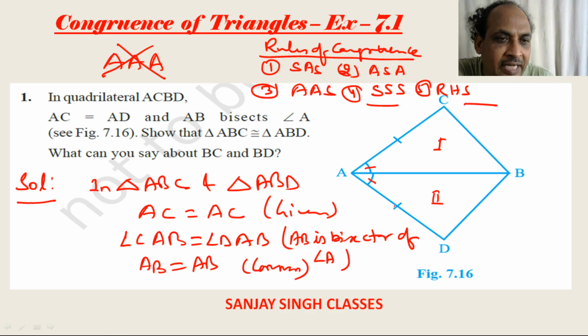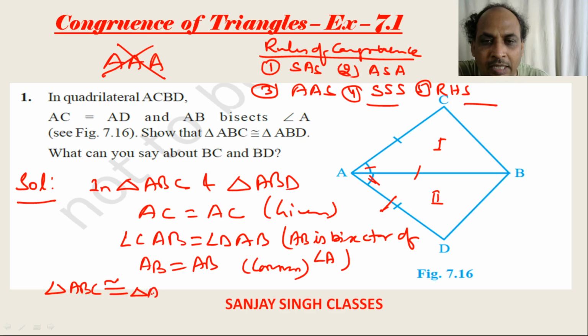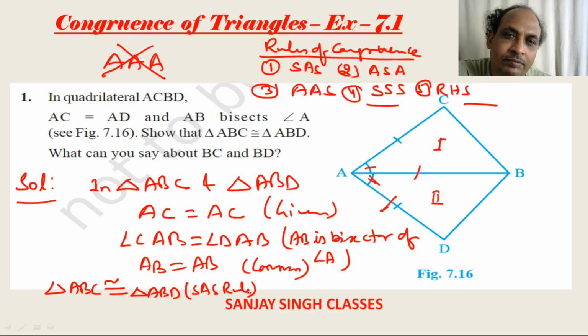So we can say side, angle, side. The included angle is angle A, DAB or CAB. So triangle ABC will become congruent to triangle ABD using the SAS rule. This only we need to prove.